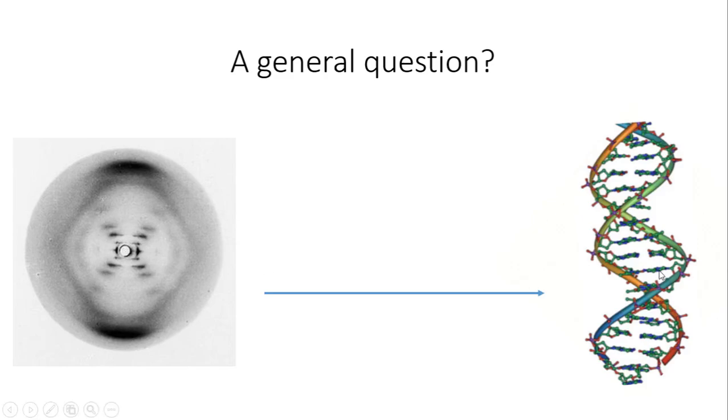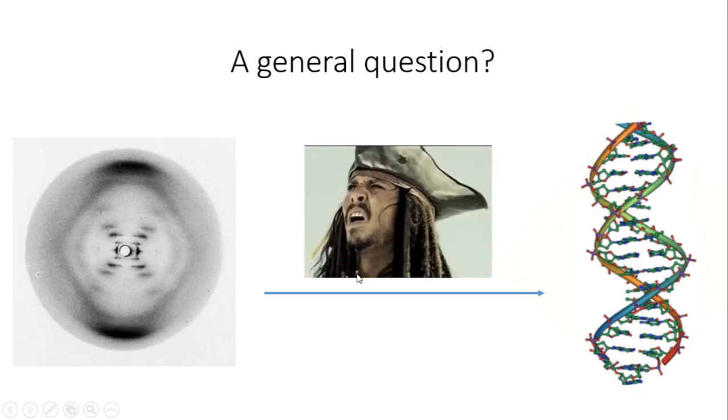Okay, so what we usually see in a biochemistry textbook is this, and on the very next page you are shown this beautiful three-dimensional model. Now, just like Captain Jack Sparrow, I used to always wonder how people end up from here, from the diffraction pattern, to the model that has been published. The model of this DNA definitely doesn't look anything like what is shown in the diffraction pattern.